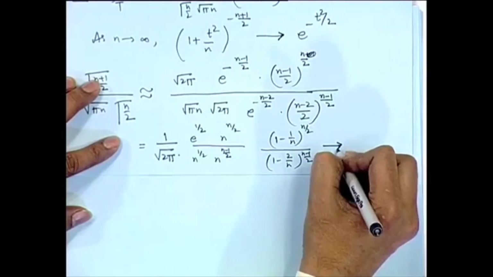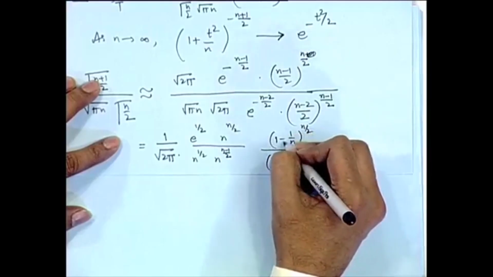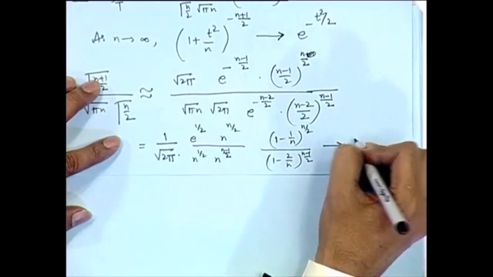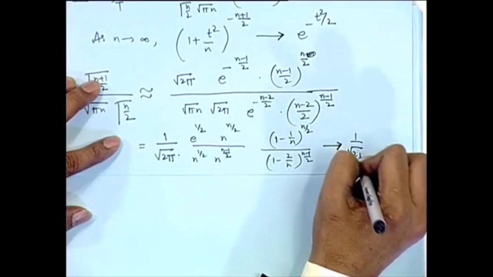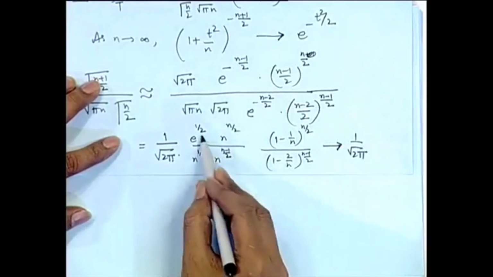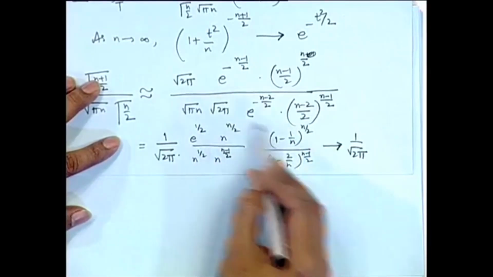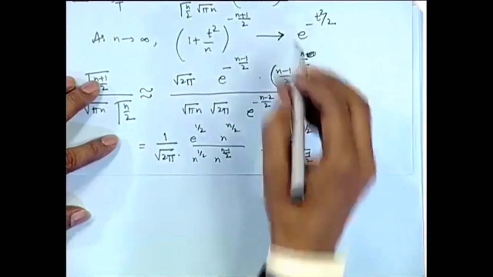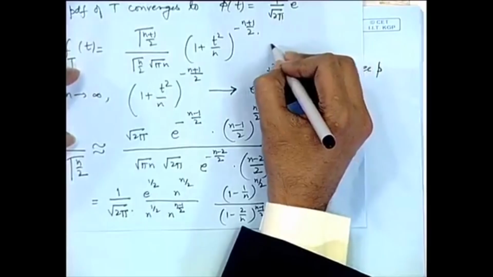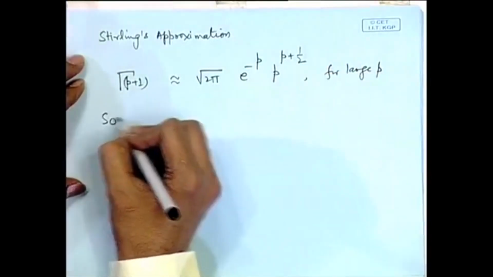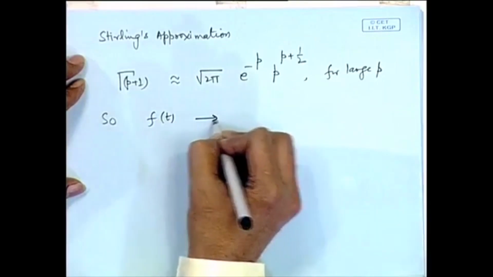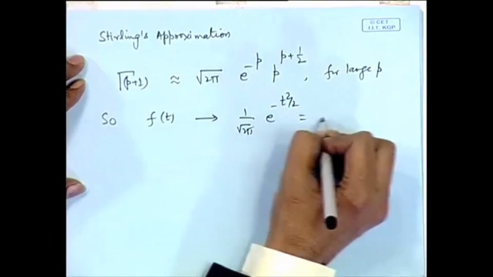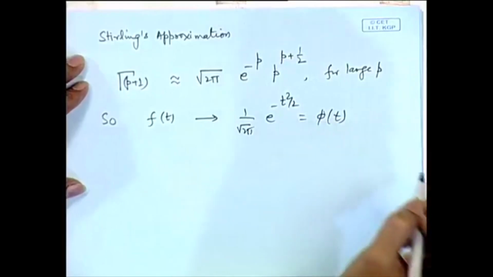If I take the limit as n tends to infinity, this goes to e to the power half and this goes to e. Therefore, the limit is simply 1 by root 2 pi, because the e to the power half, e to the power half and e get cancelled out. So, this proves that f(t) converges to 1 by root 2 pi e to the power minus t^2/2, that is the density function of the standard normal variable.